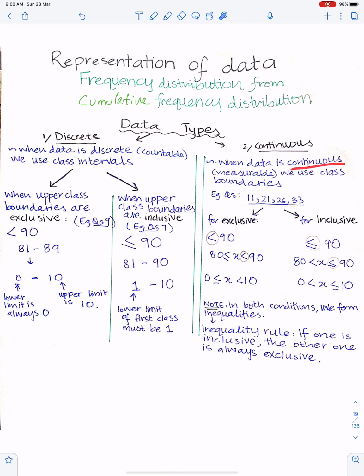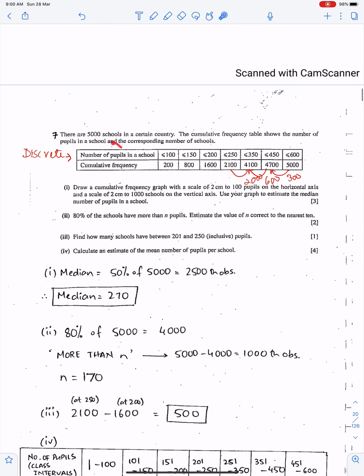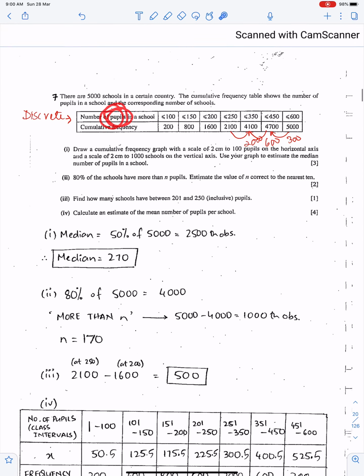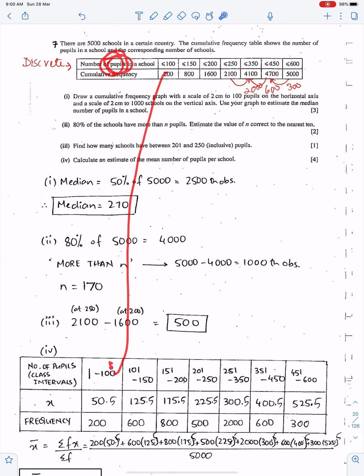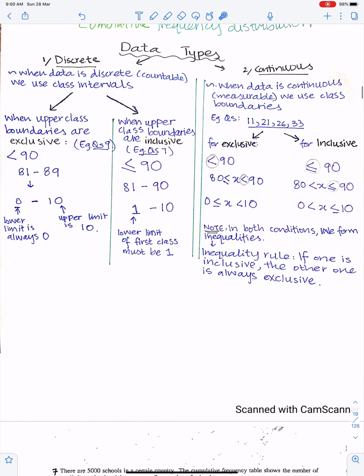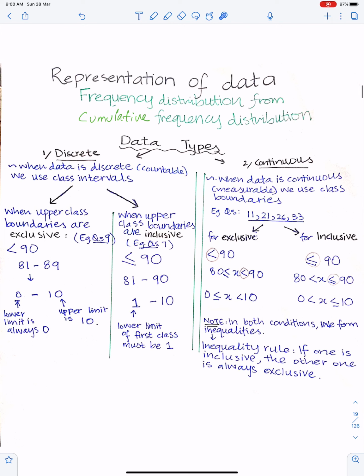When data is continuous, and continuous means measurable quantities, we use class boundaries like this. This data is discrete, so we will go for class intervals. And now we have possibilities.